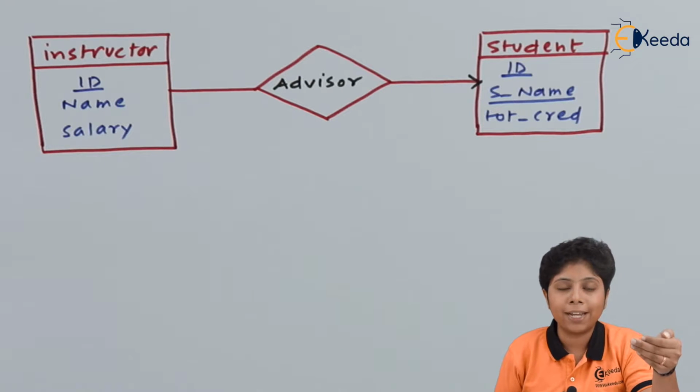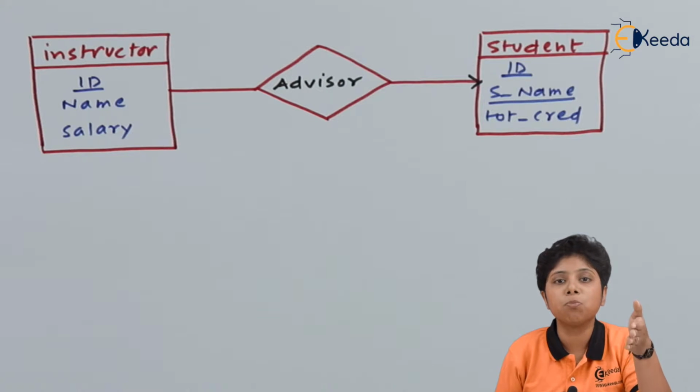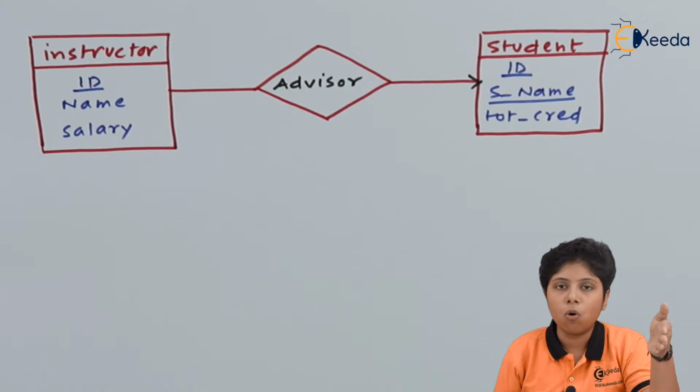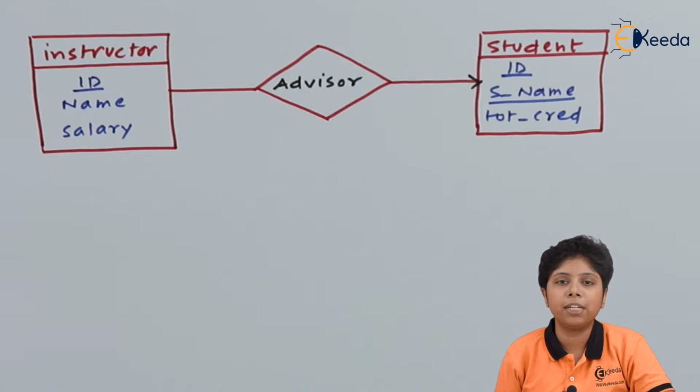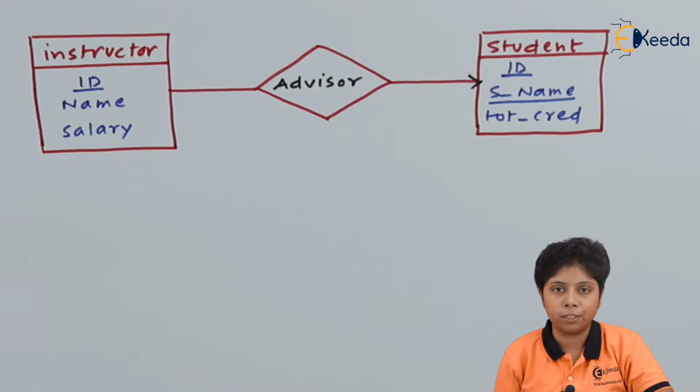Now I want to add an attribute to the relationship so that the relationship becomes more specific. The problem previously defined is that I want to add when the instructor became an advisor. So the problem is dealing with the relationship advisor, not with the relations instructor and student.